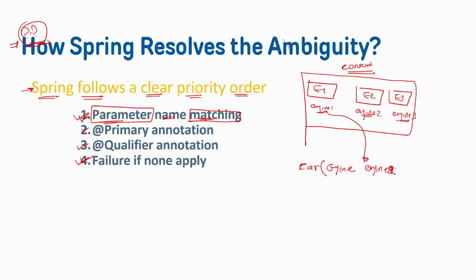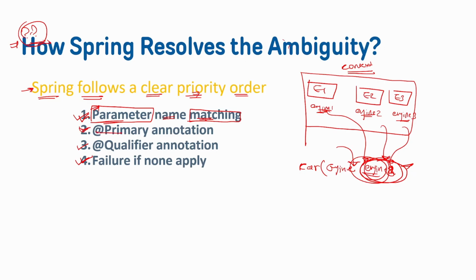If we use engine 2, this will be injected. If we use engine 3, this will be injected. This is the example of parameter name matching. If there are multiple beans of the same type, Spring will inject the bean whose name matches the parameter. So this is name based matching.